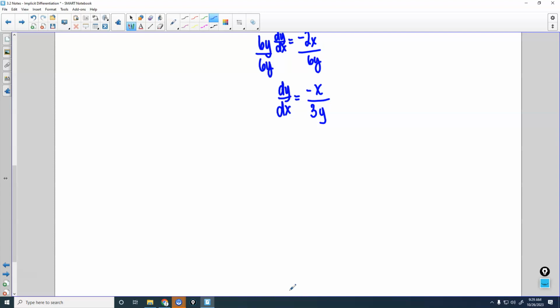So, with our points, x equal to 1, y equal to square root of 3, and then we'll have another one where our point is 1, negative square root of 3.